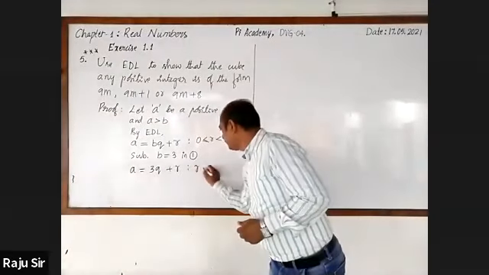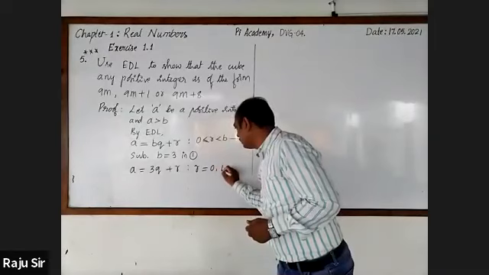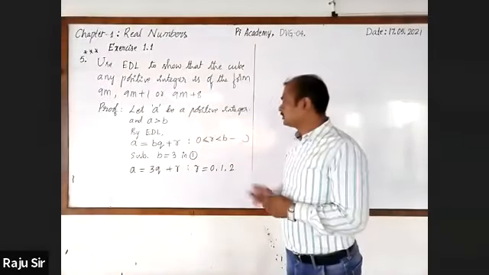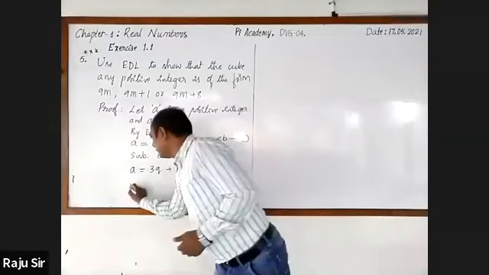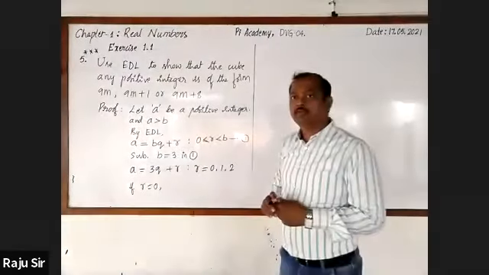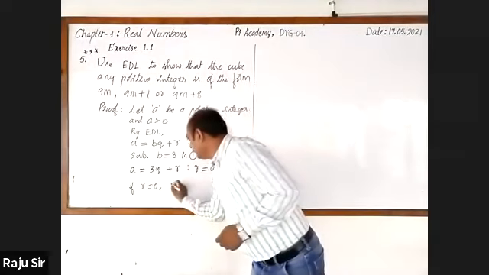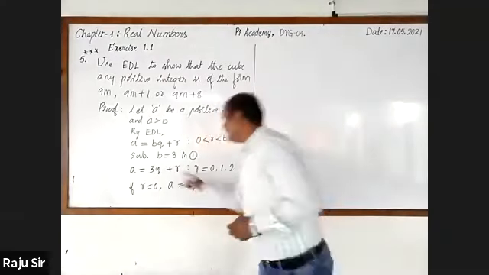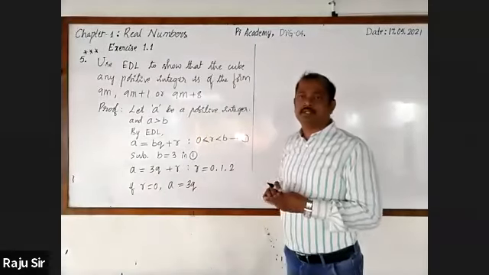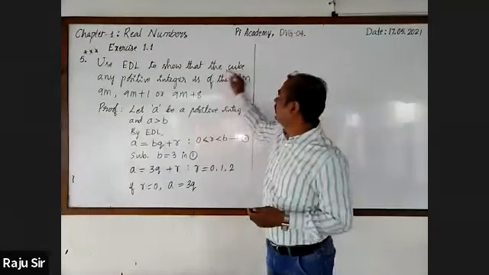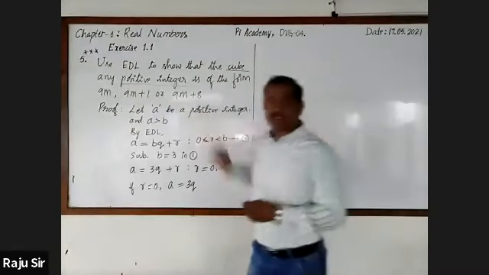Then the possible remainders will be 0, 1 and 2. Substitute one by one. First, if r equal to 0, then a equals 3 cube plus 0, which is nothing but just 3 cube.